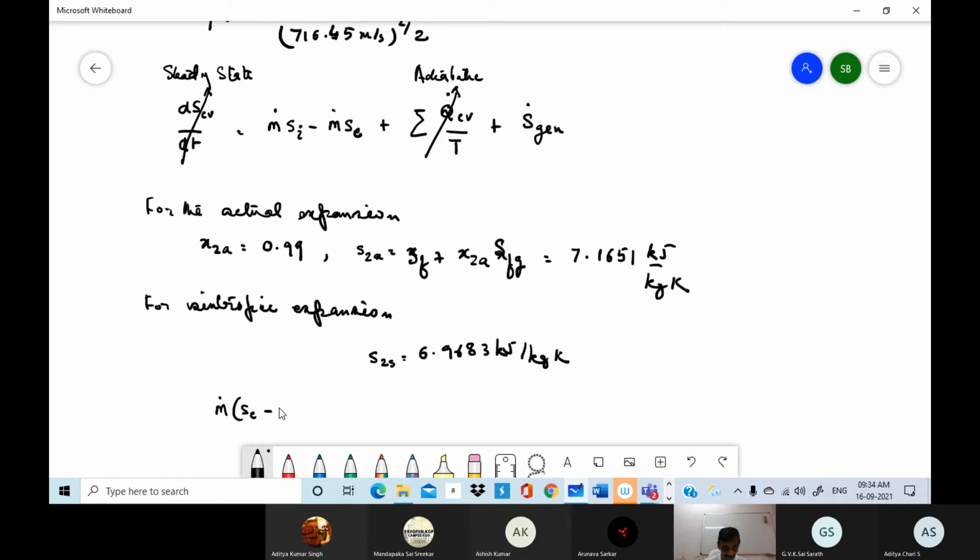So if I move these to the left hand side, this is what I get.